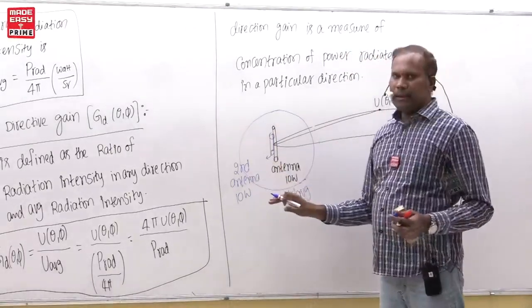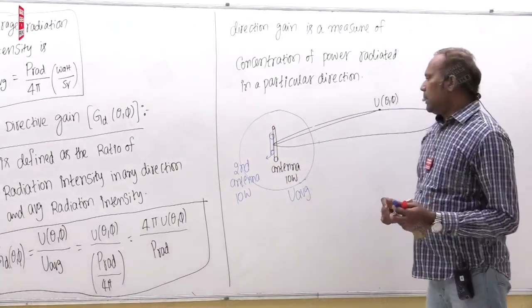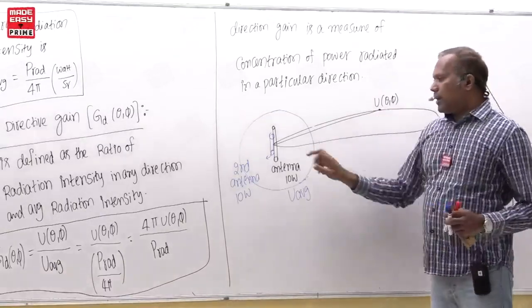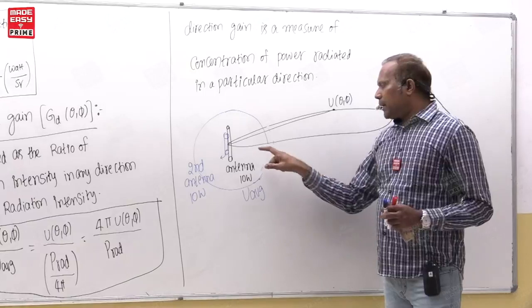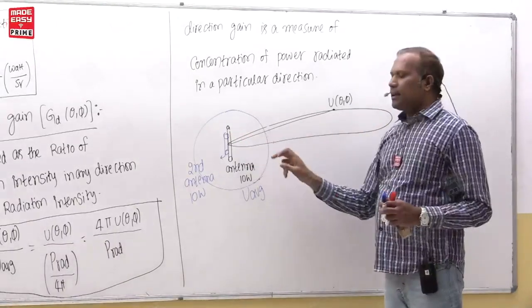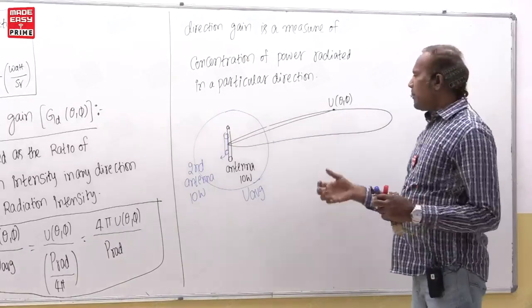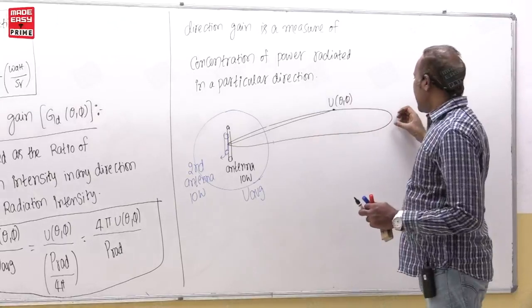See here, two things are there. Listen carefully. This is the directional antenna, the black one. For that, 10 watts power is given. But the characteristic of this antenna is it radiates only in a particular direction, because that is the requirement. For example, here is earth, an earth antenna, and here a satellite is there.